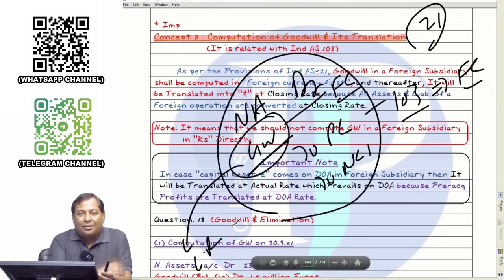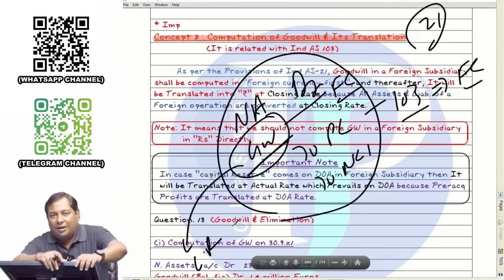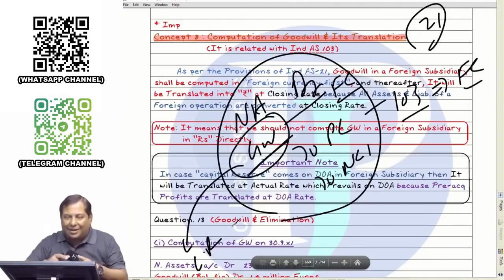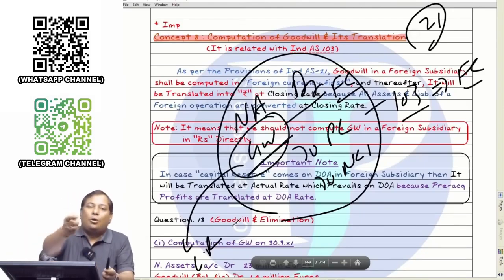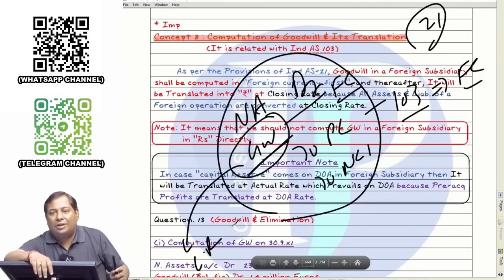When we translate the foreign operation into India, the closing rate will automatically be applied on goodwill because the closing rate applies to all other assets and liabilities, including goodwill, which is part of these assets.